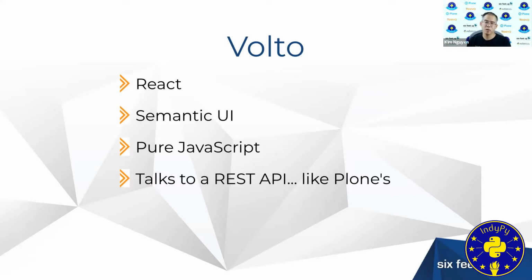You can put Volto in front of faster, different frameworks in the back end called Guillotina, which is a fast async I/O, I guess it's an interface layer for web applications that talk to databases in the back end. So Guillotina, I should probably have added a slide for Guillotina here, but Volto works with Guillotina, but also what I'll be talking about today is how it works with Plone.